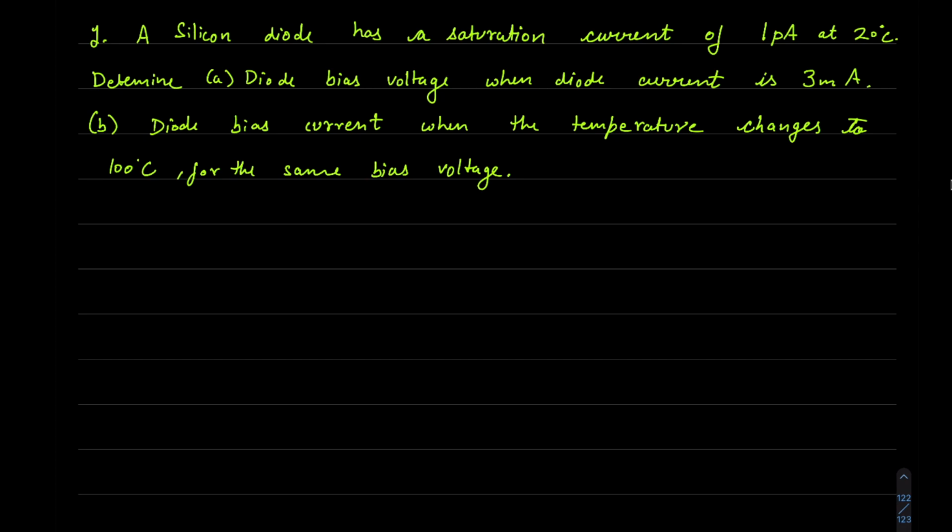Diode current is ID. And then we have to determine diode bias current, ID, when the temperature changes to 100 degrees Celsius for the same bias voltage. So nothing too hard.